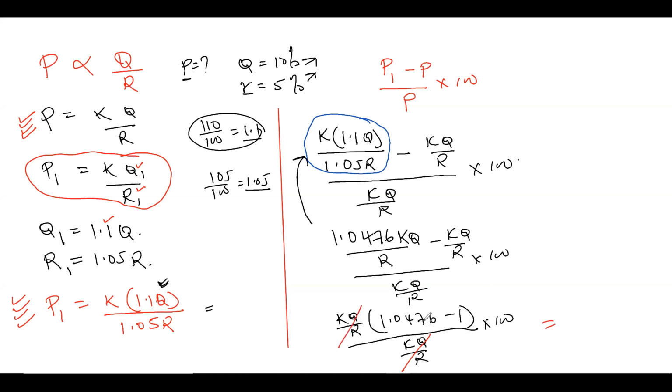Then you will remain with 1.0476 minus 1, which is the same as 0.0476. Then you multiply by 100. Now, times on 100, what do you get? You'll get something like 4.76%. So this is the change in P. If you're doing the question, the value of change in P, it's about this one here.